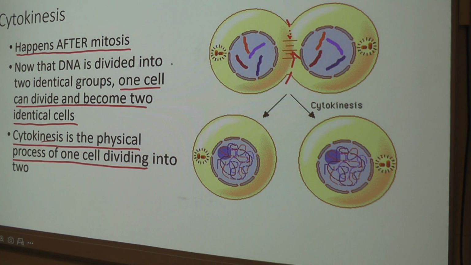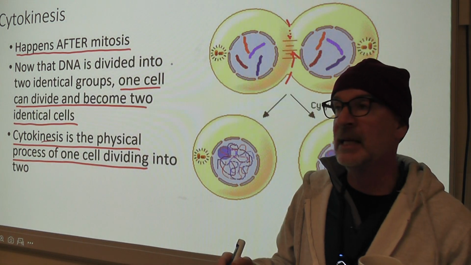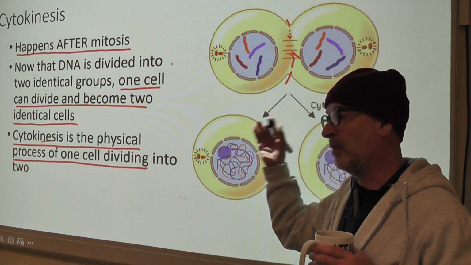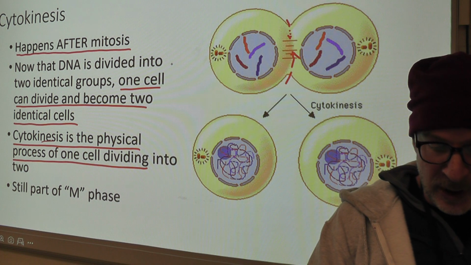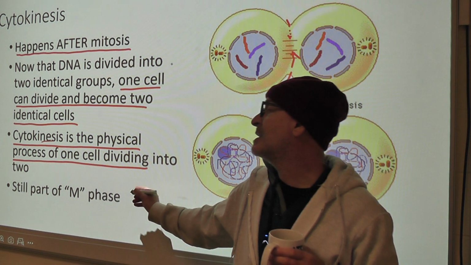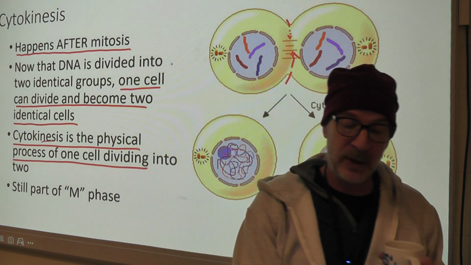Mitosis is the splitting of DNA, physically separating pieces of DNA so that there's a set of chromosomes on one side, a set of identical chromosomes on the other side. And then cytokinesis is how that all happens with the whole cell. Cytokinesis is still part of that M phase. So M phase is mitosis plus cytokinesis.